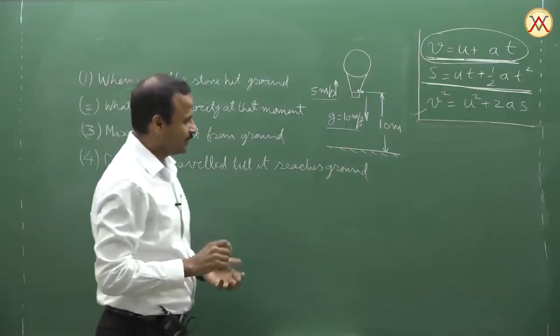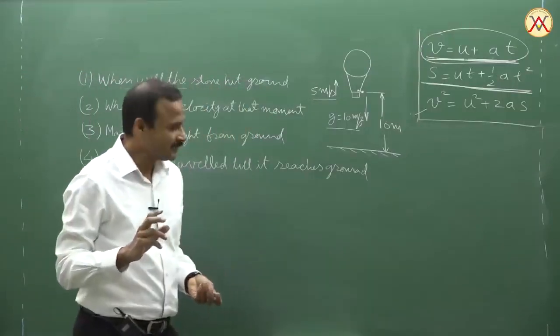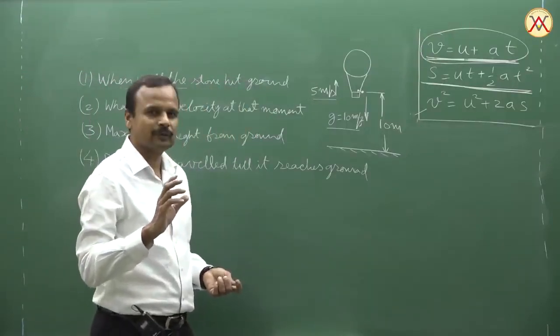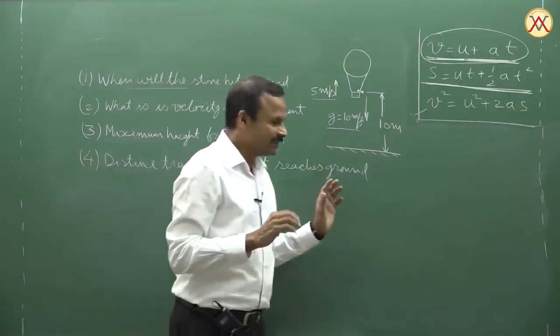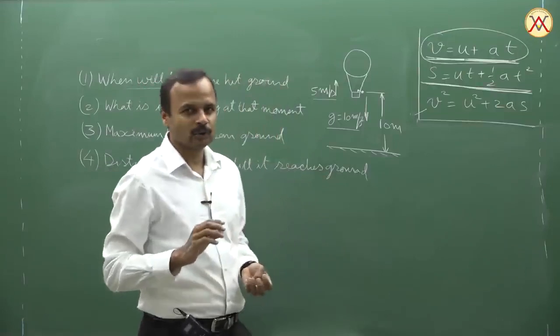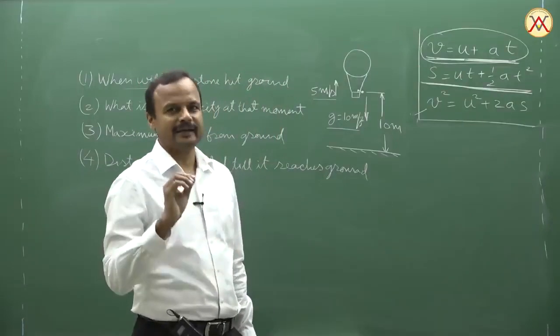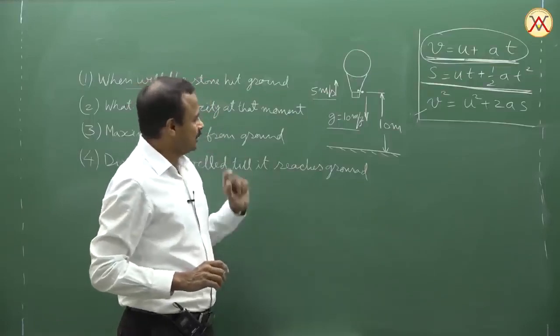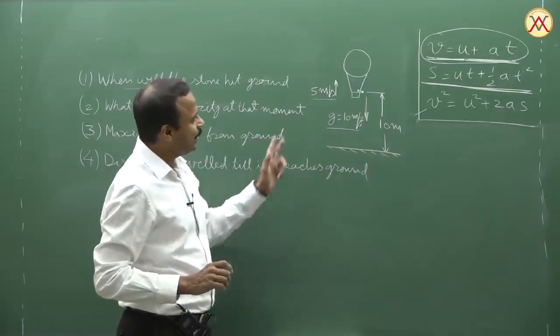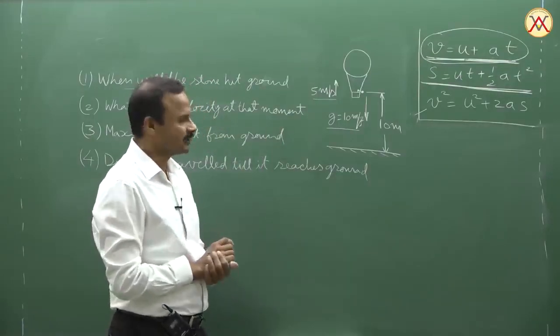Now in this example, we have to be careful about the sign. The sign of vector quantities, as I told you, is decided by their direction in case of one-dimensional motion. So let's take upward as our positive.